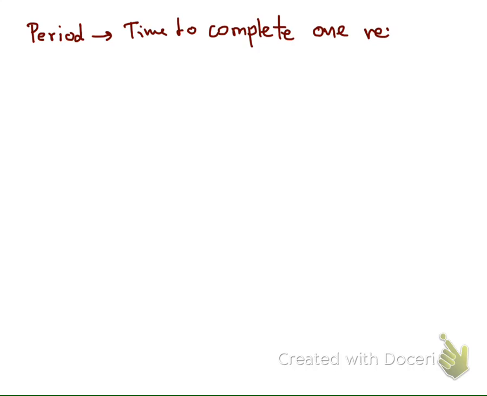The definition of the period is the time to complete one revolution of the circular motion.